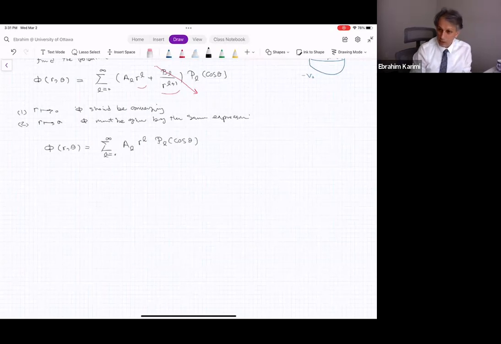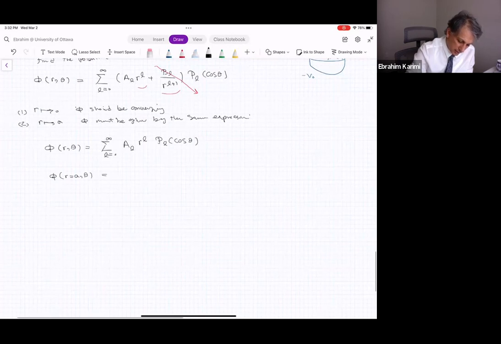All right. And now we have to find what is going on with AL. At R equal to A and any theta value, we have the sum over L from 0 to infinity of AL A to the power of L PL of cosine of theta.